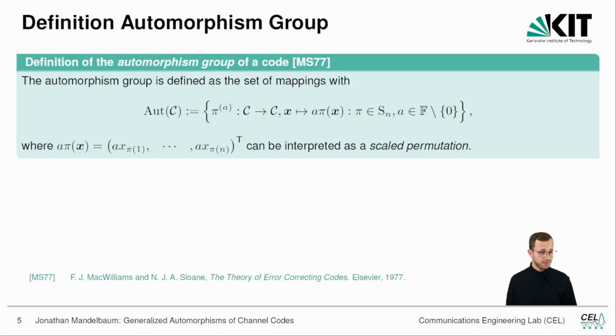in classical coding theory compared to linear algebra. In classical coding theory, the definition of MacWilliams and Sloane is the most prominent one and depicted here.